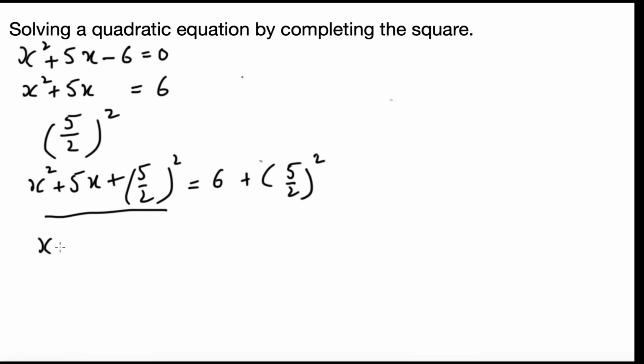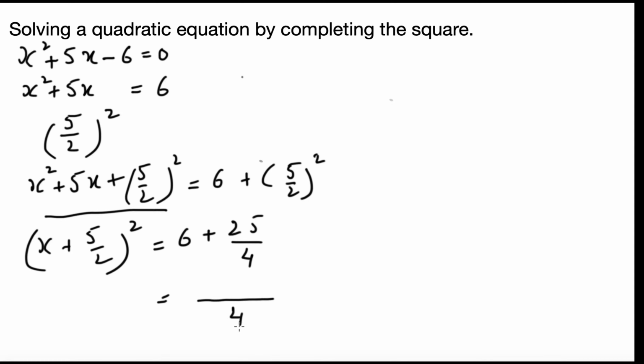This becomes (x + 5/2) whole squared. Five squared is 25, 2 squared is 4.